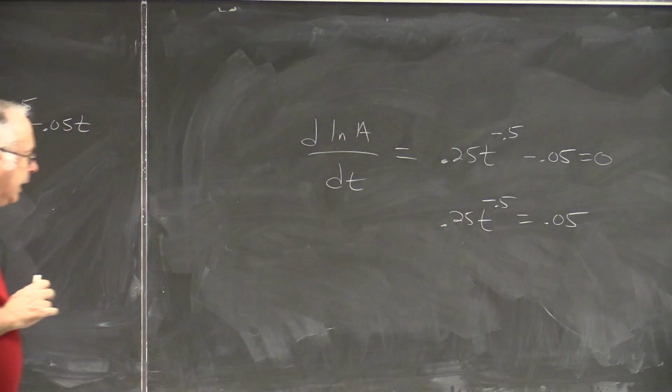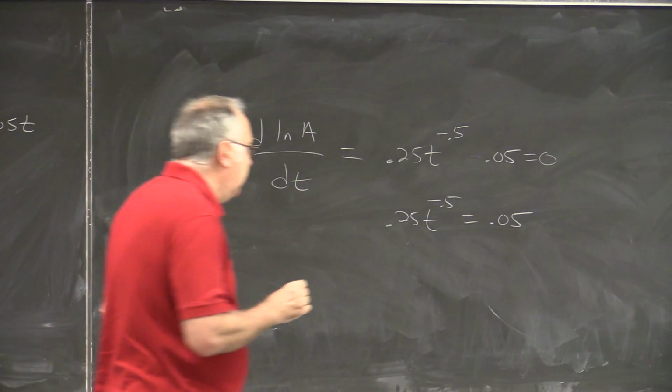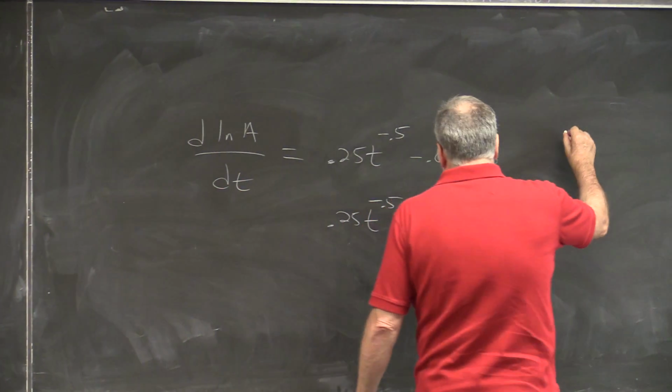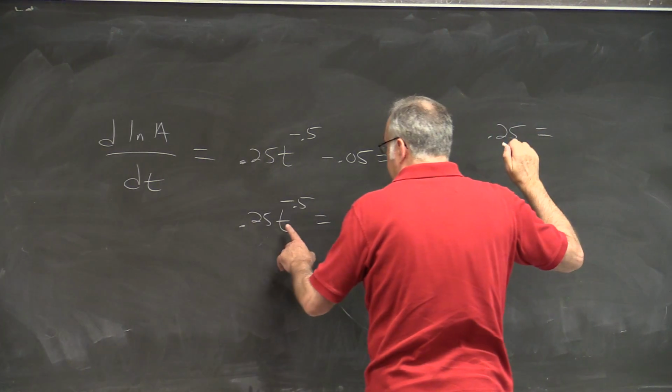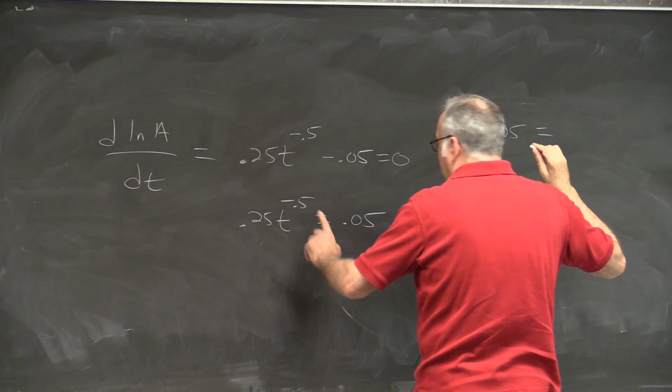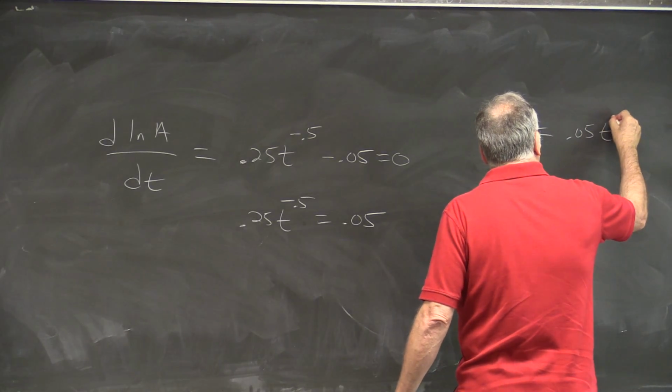multiply both sides by t to the 0.5 power. And then we get 0.25 t to the 0, which is 1, equals 0.05 t to the 0.5.